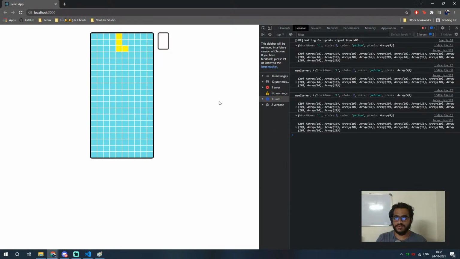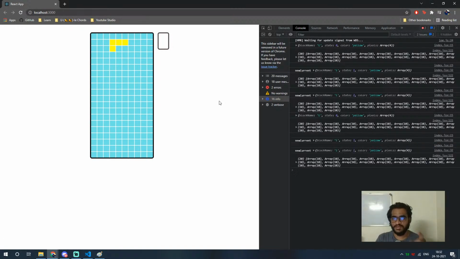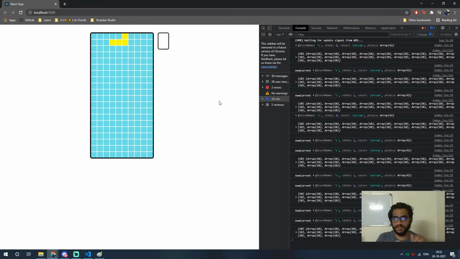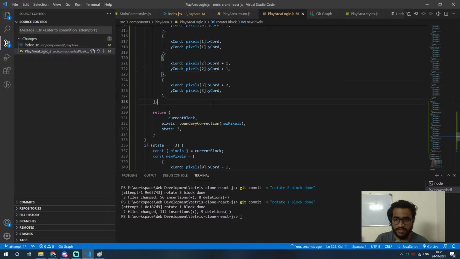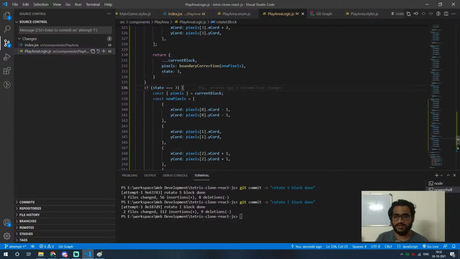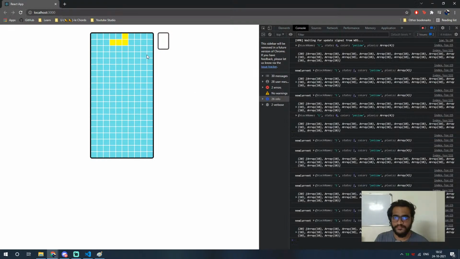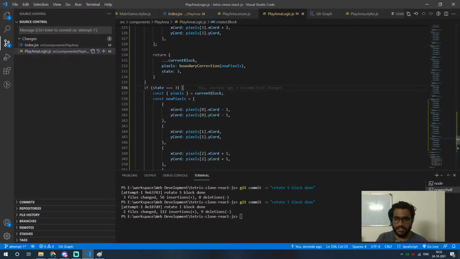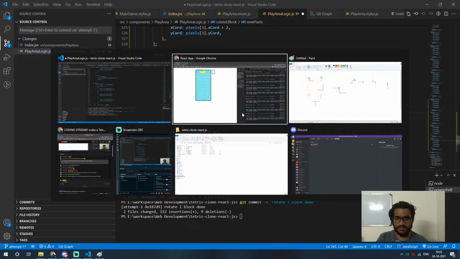I want a perfect rotation. 0 to 1, 1 to 2, and 2 to 3. Perfect. This is what is called a perfect rotation. Now 3 to 0, which would be: first would be plus 1x minus 1y.